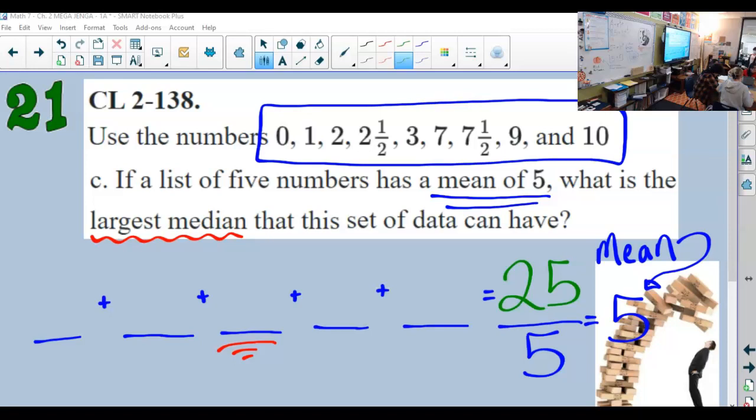Hey, you said it again. Wait, what about A and B? What is it? You can use 0, you can use 10.